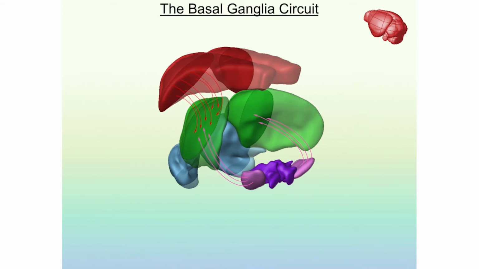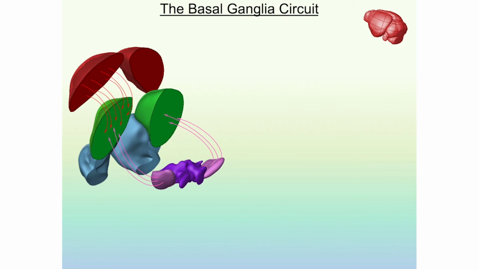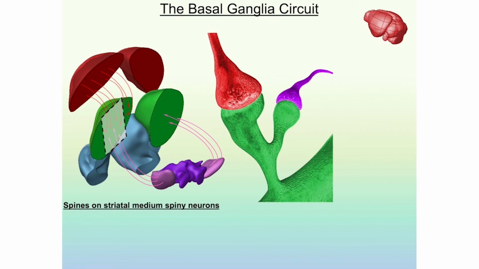So if we take a closer look into the striatum at the synaptic connection, we are focusing on corticostriatal synapses, which is the physical interface actually for information processing between dopaminergic fibers from the midbrain and glutamatergic fibers from the cortex, which target spines on postsynaptic medium spiny neurons in the striatum.